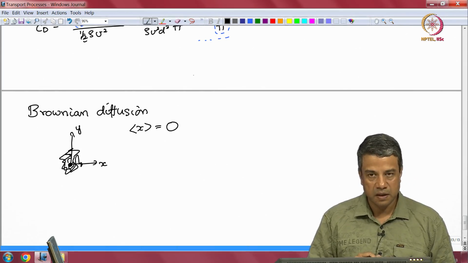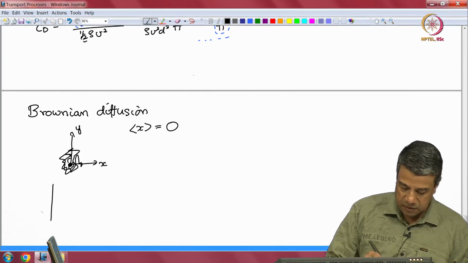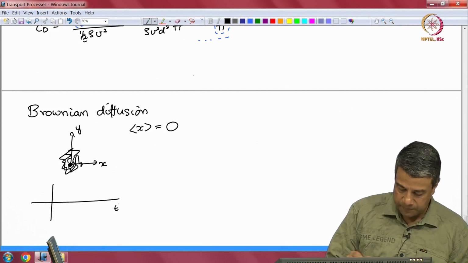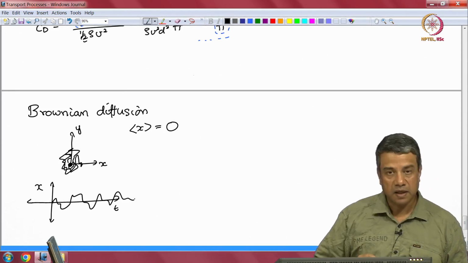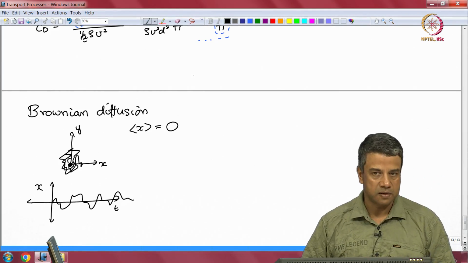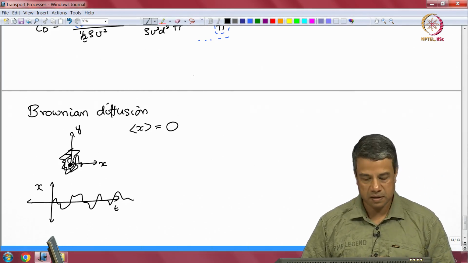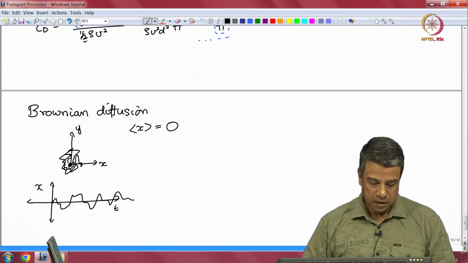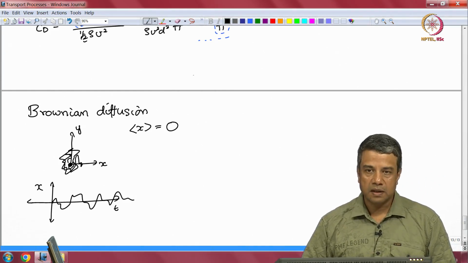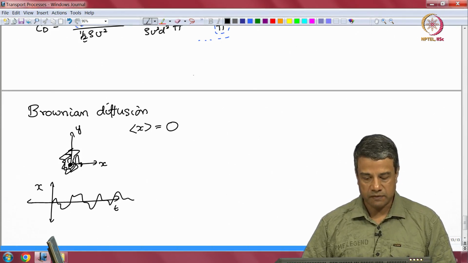So, if I plot the x position of the particle as a function of time, I will get something that is fluctuating in time, and if I average this out, I will get 0. So, the average x location is equal to 0. Similarly, the y position is also 0 on average.